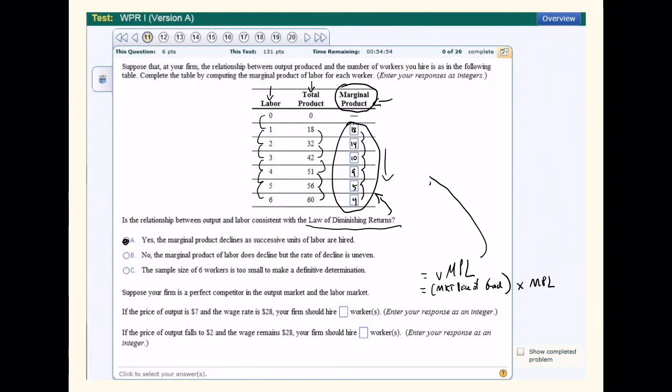If we apply that to this column, here it's saying the price of output is 7 and the wage rate is 28. So to find the value of the marginal product of labor, it'd be 18 times 7, 14 times 7, 10 times 7, 9 times 7, 5 times 7, and 4 times 7.